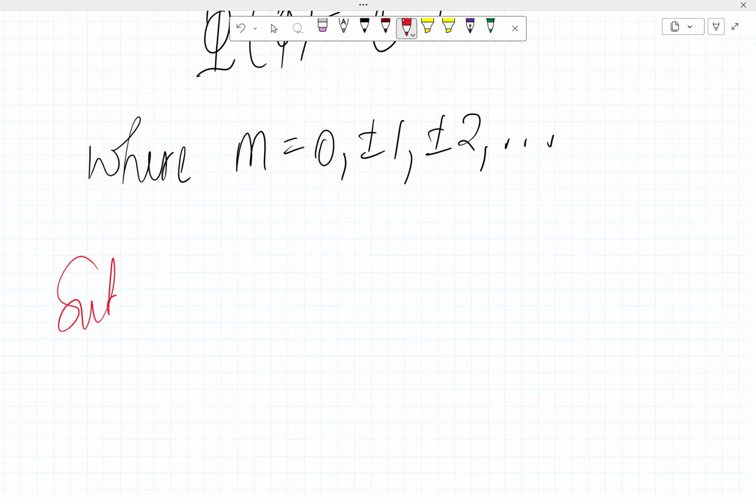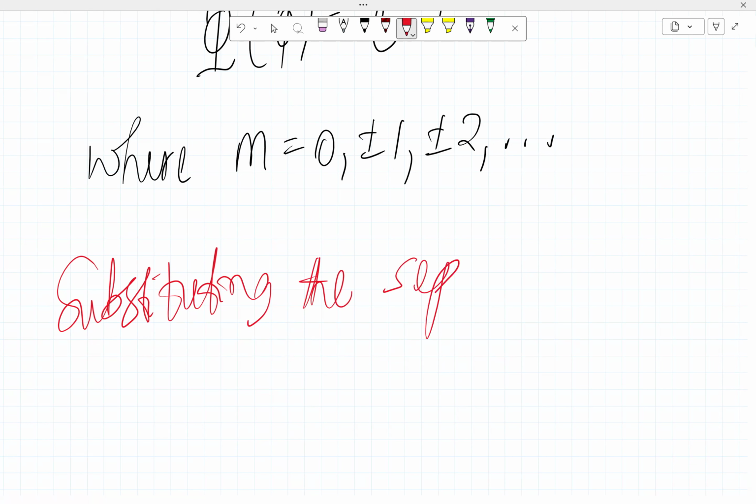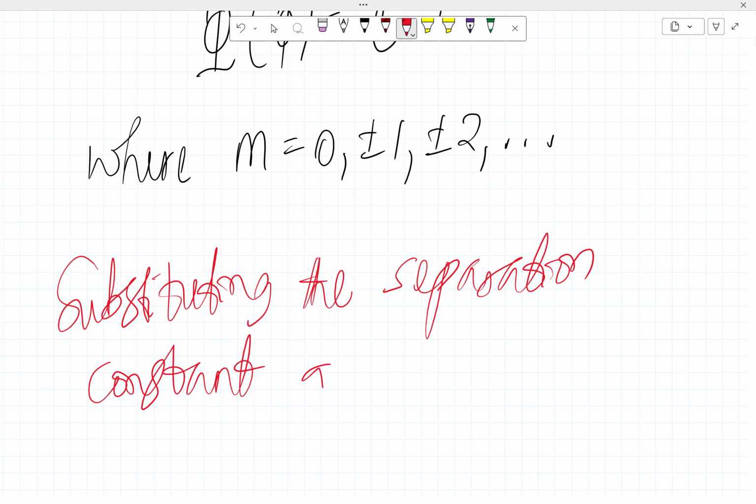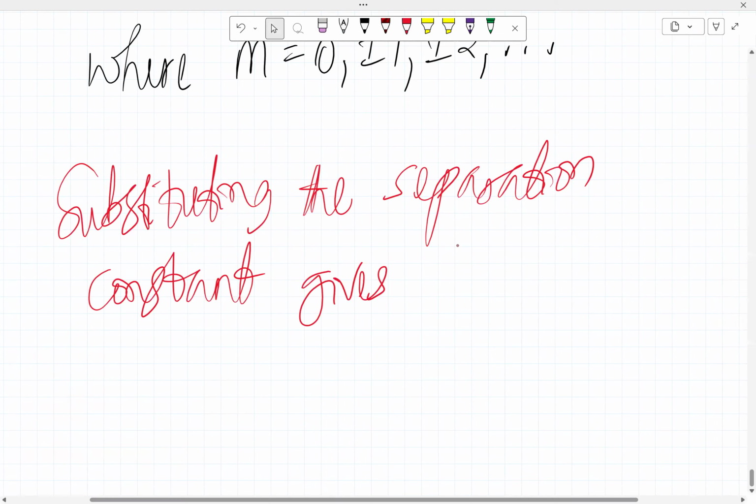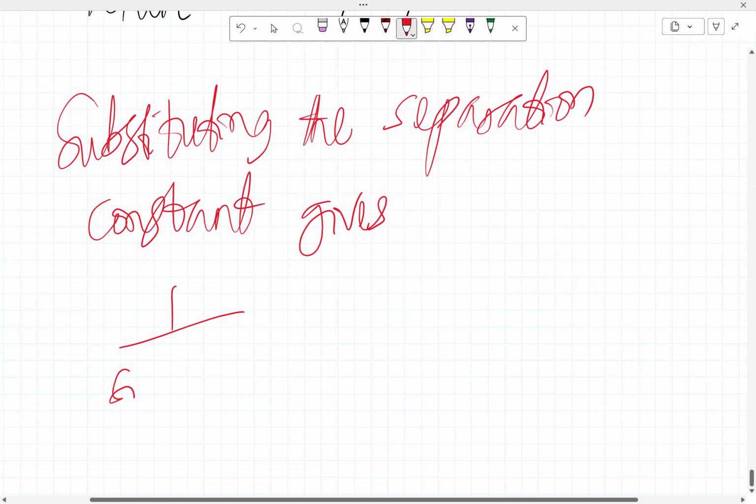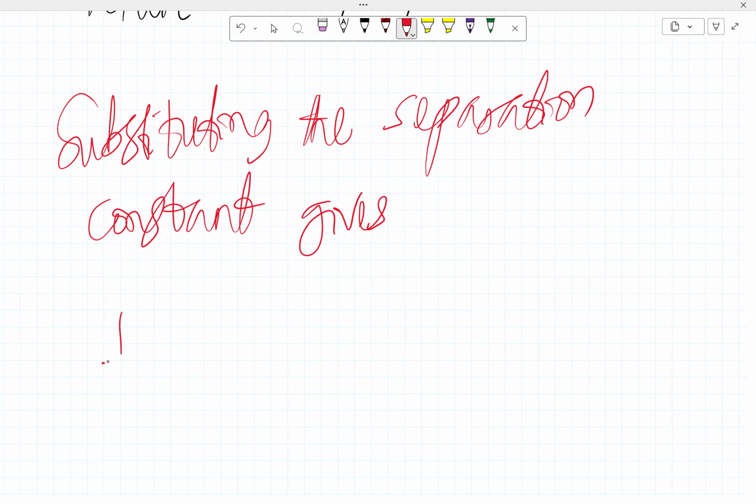So substituting the separation constant gives 1 over sine theta d by d theta. The polar part is the theta part.